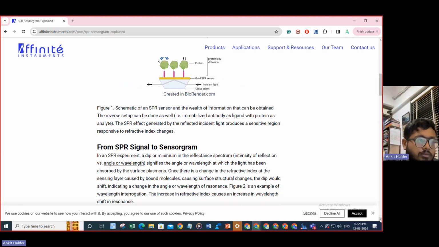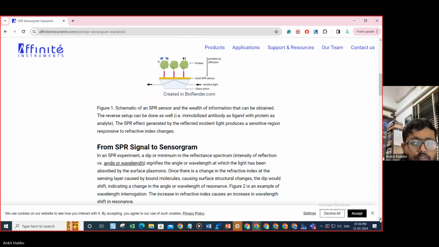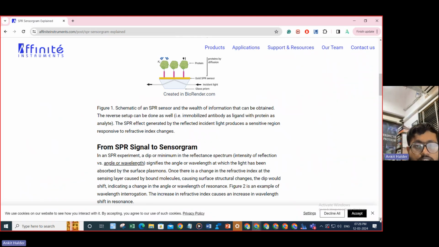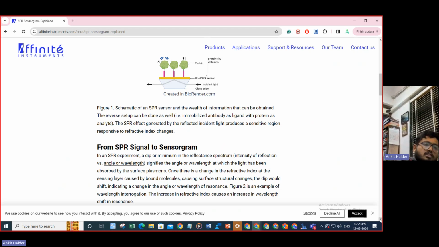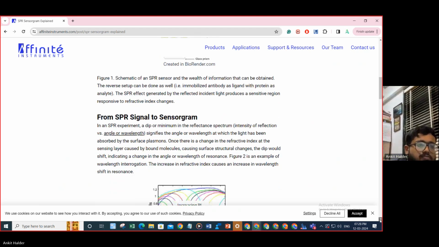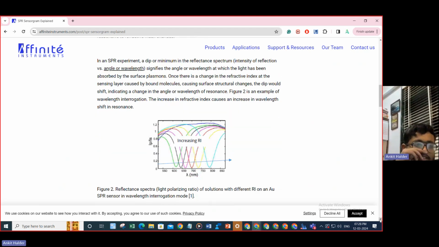There is a dip or minimum in the reflectance spectrum, intensity of reflection versus angle or wavelength. The dip signifies the angle at which the light has been absorbed by the surface plasmons. Once there is a change in the refractive index, you can see there is a shift.